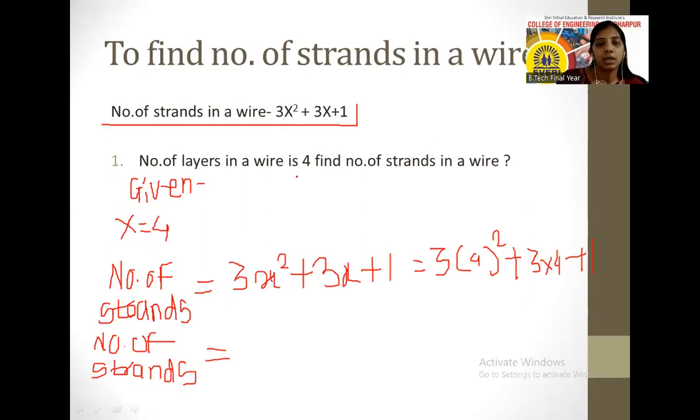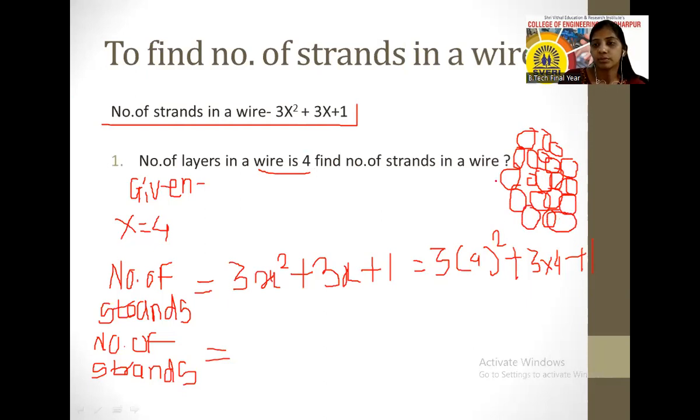Suppose this is one conductor, this is the central part, then again this number of strands are used, then the next layers. Like that, 4 layers are required. The actual shape is not coming because I'm drawing it with the mouse.